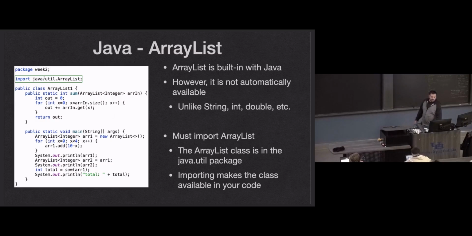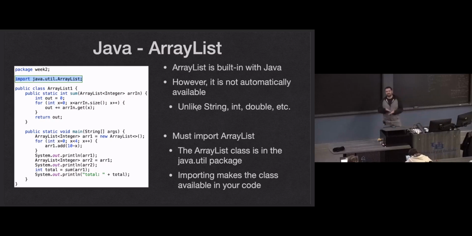So for an import statement, we need the fully qualified name of a class. What that means is you have to have the package name and the class name. So we're going to import ArrayList, which lives in the java.util package, meaning the java package, which has a sub-package named util.